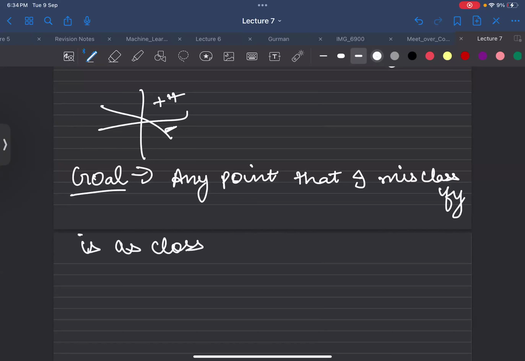Originally, it should be class 2, but it is coming in the model output as class 1. Exactly. So it's class 2 or 1, it's coming as -1, or if it should be -1, it's coming as +1. So what I'm saying is that if the point is misclassified, it should be as close as possible to the decision boundary.